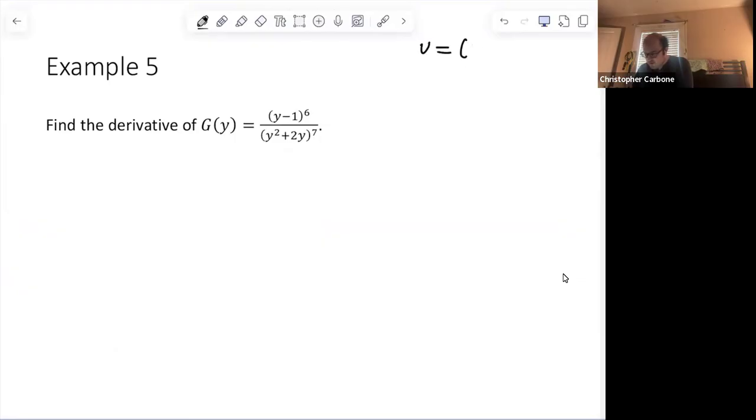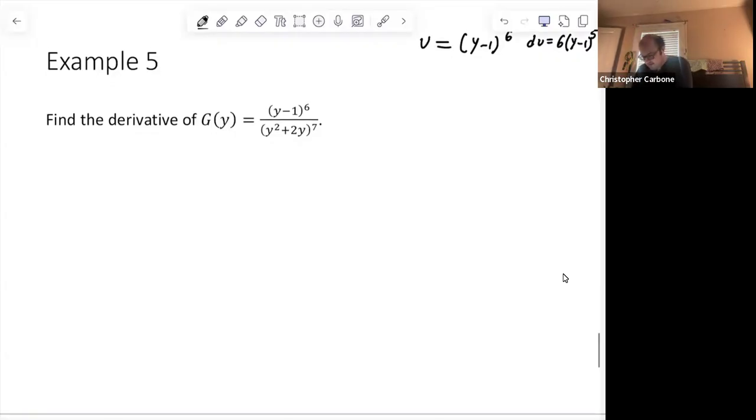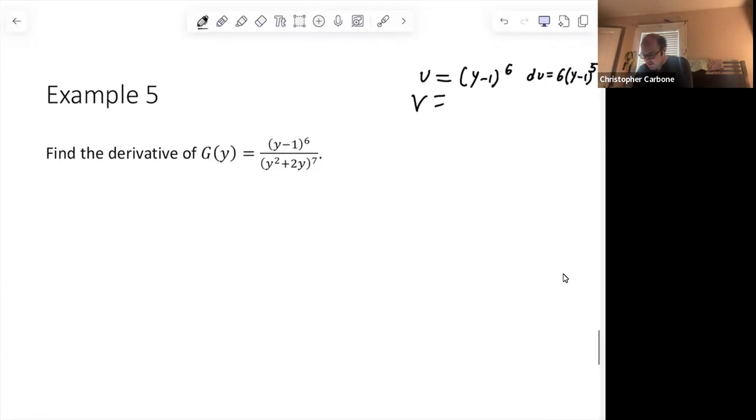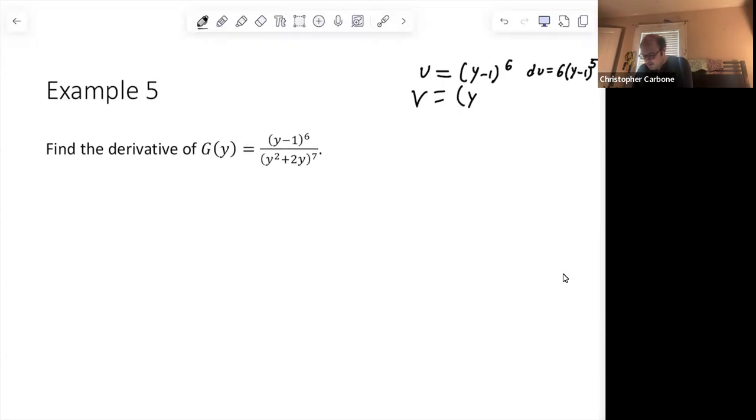Let u here be (y minus 1) to the 6th power, and du in our case would be 6 times (y minus 1) to the 5th power, times 1, but that doesn't change the answer, so I won't bother writing it. We're going to let v here be (y squared plus 2y) to the 7th power. So dv is going to be 7 times (y squared plus 2y) to the 6th power times (2y plus y).